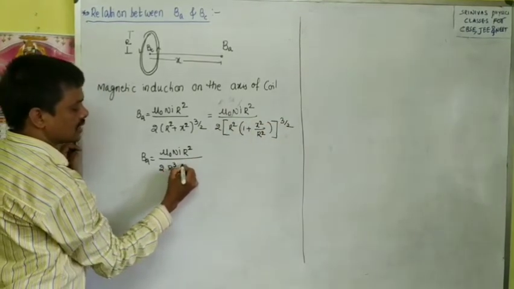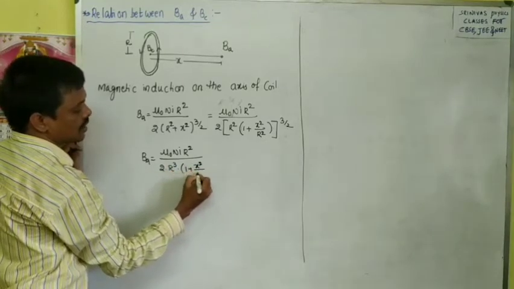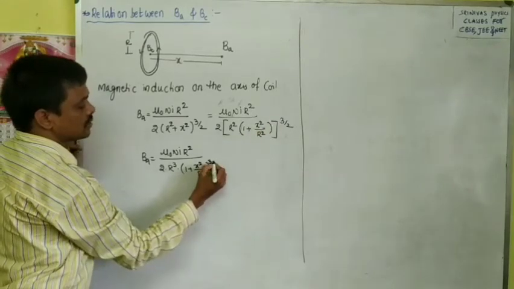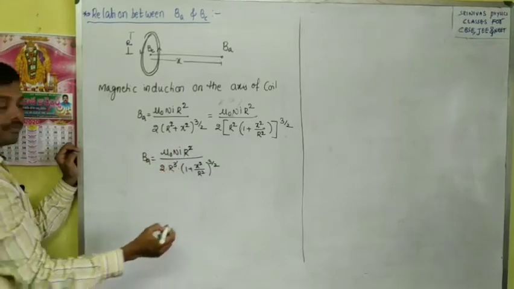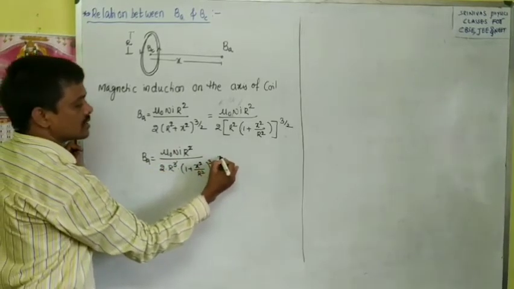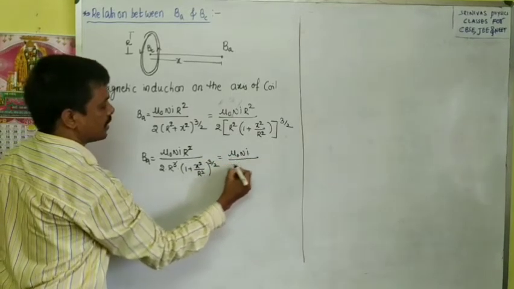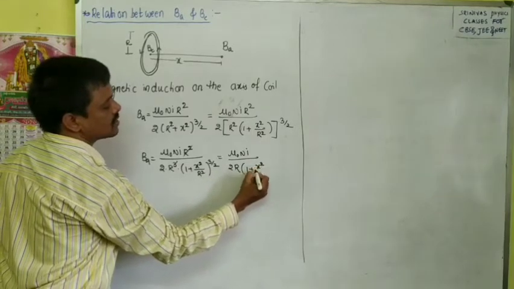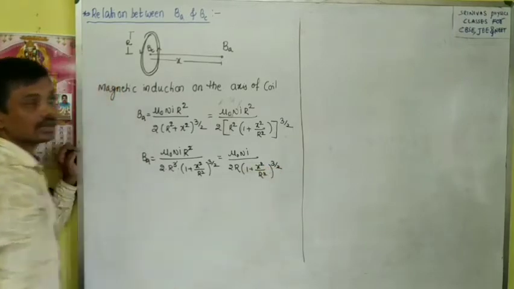Now the r square and r cube cancel, and finally we get mu naught N I by 2r into 1 plus x square by r square whole power 3 by 2.